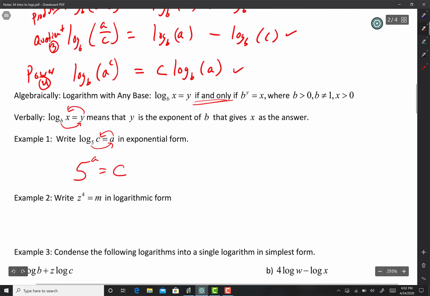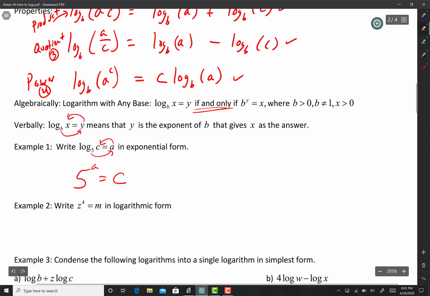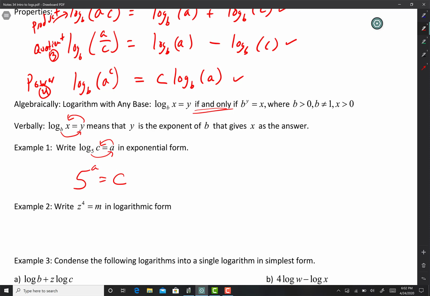All right, here we go. Write Z to the power of 4 equals M in logarithm form. The base is Z here, so I'm going to write log base Z. Since it equals M, the M must be the argument of your log, equals 4. And there it is, guys.